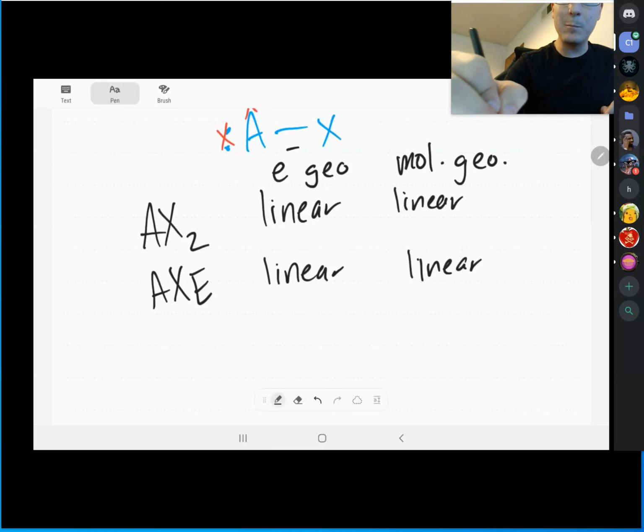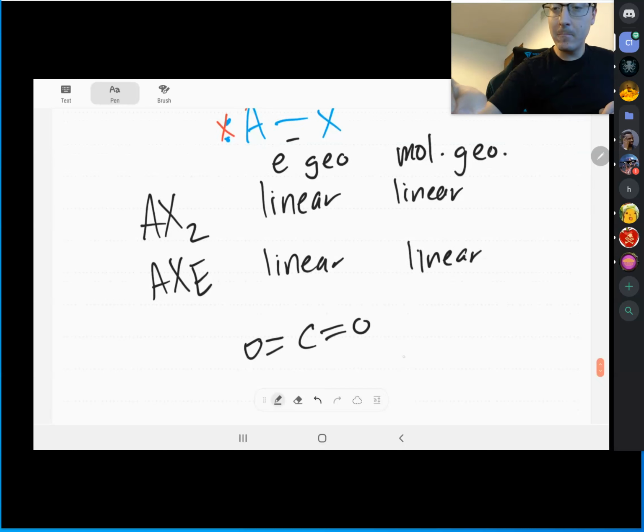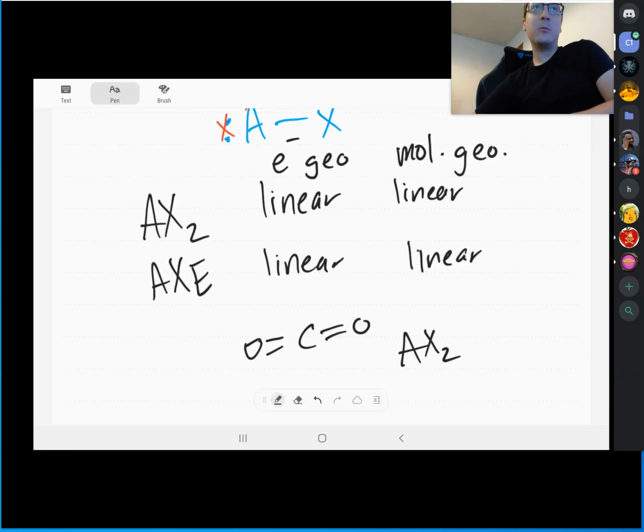All right, for example, that, linear. That's an AX2. So the ones with 2 electron domains are no problem. If you have either of those, linear is your answer.